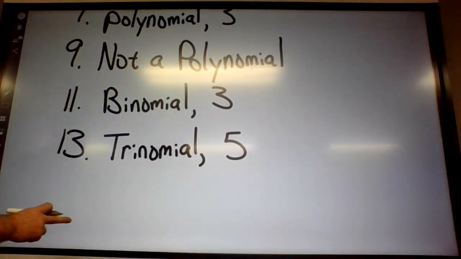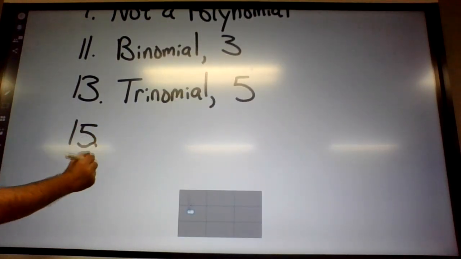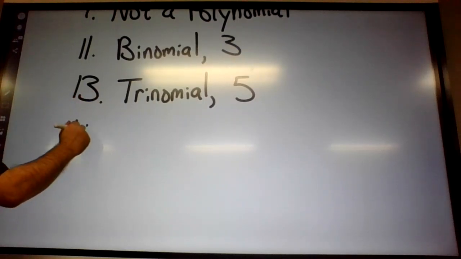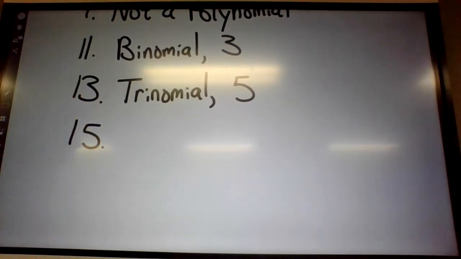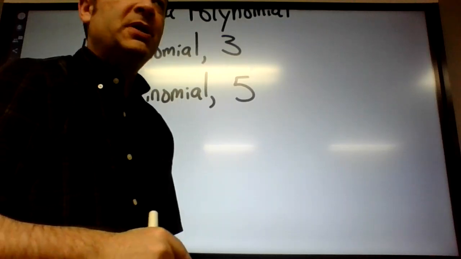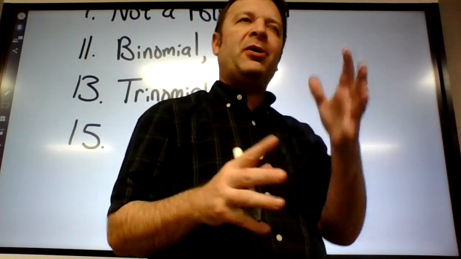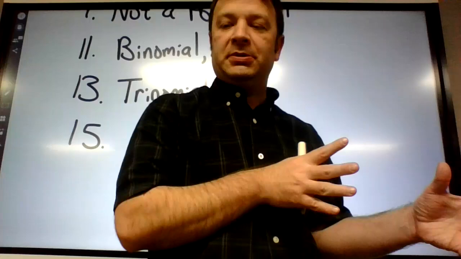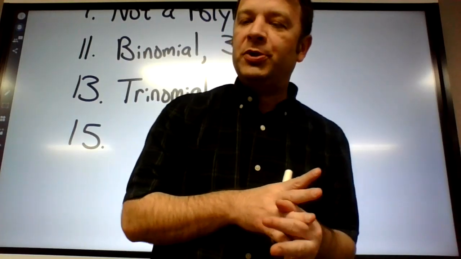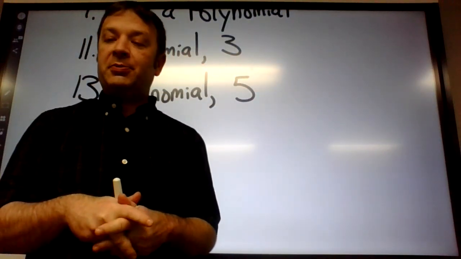Alright. This next section is almost the same thing. There is one thing that's different though. They say write each polynomial in standard form. So standard form means we're going to put the biggest power first. The term with the largest powers goes first. So on 15, what do you guys think we should put first?